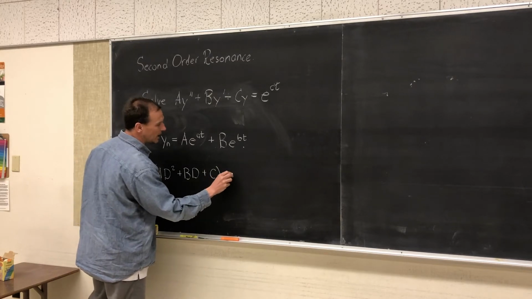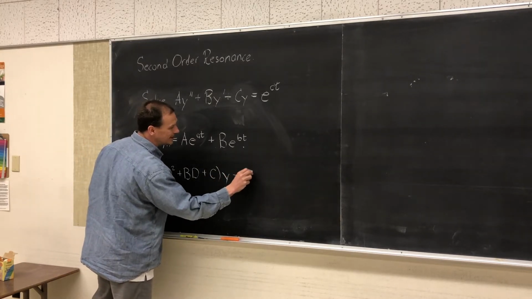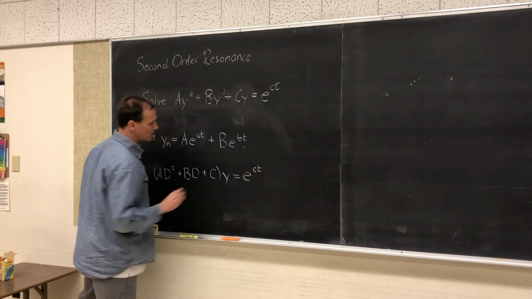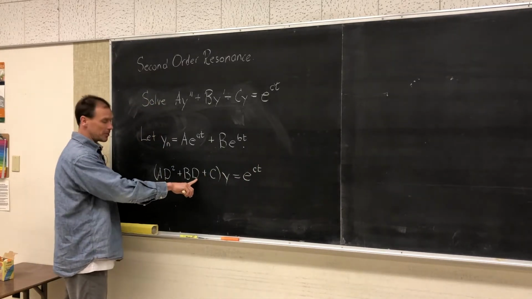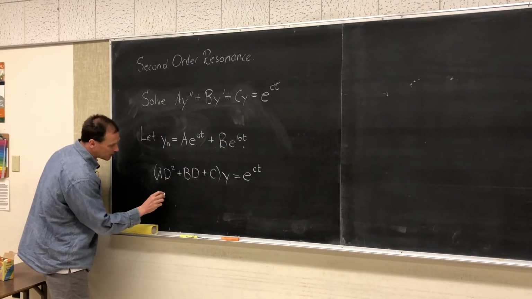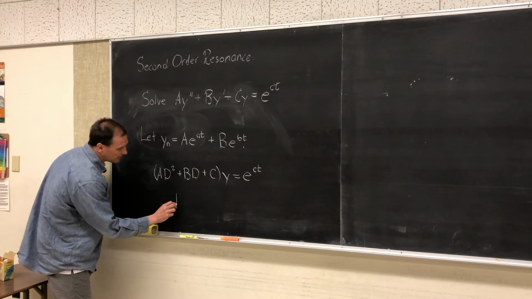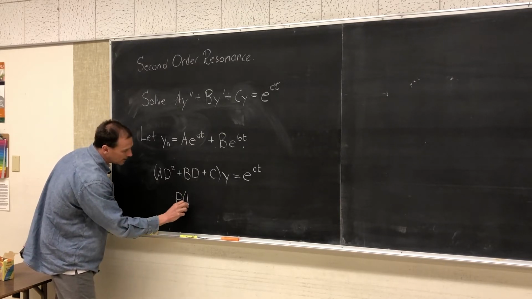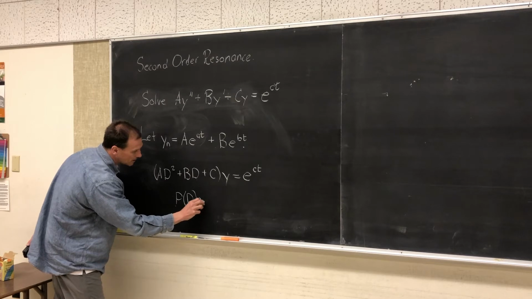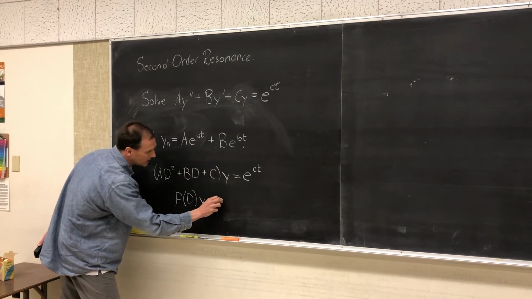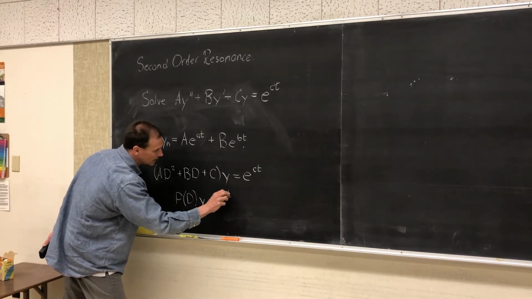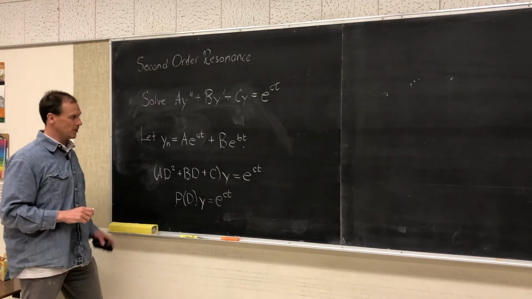Now I have it as a polynomial in D, and this would be my differential operator. So now I have p of D times y equals e to the ct. So now we have the notation that we're going to need.